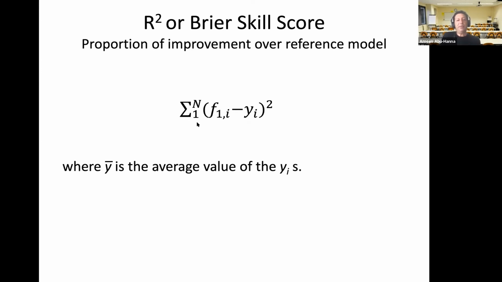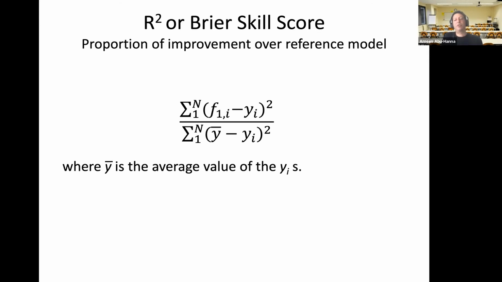So remember, this is what we had before. I'm going to leave the n out here, but we'll see why. What I'm going to do is take these errors that we described before, the prediction minus the true outcome squared, but I'm going to divide this measure by the Brier score of a non-informative model.